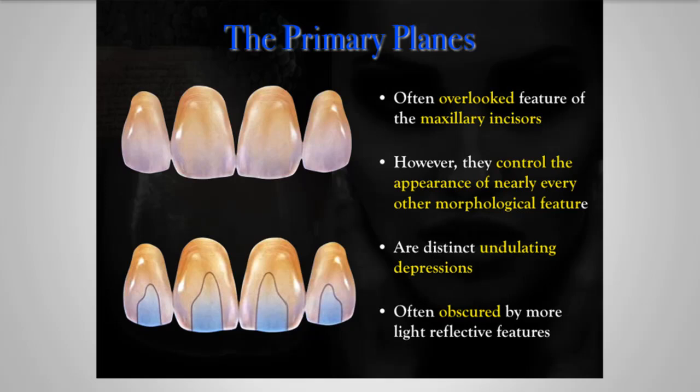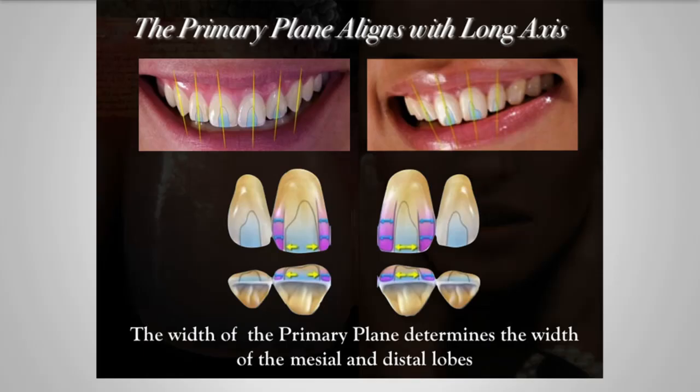But if you look at the primary plane, obviously it needs to be aligned with the actual long axis of the tooth. So if we're going to create or develop these, whether we choose to sculpt them or carve them in secondarily after final curing, the width of these primary planes can actually determine the width of, not necessarily the mesial and distal developmental lobes, but really the transitional line angles.